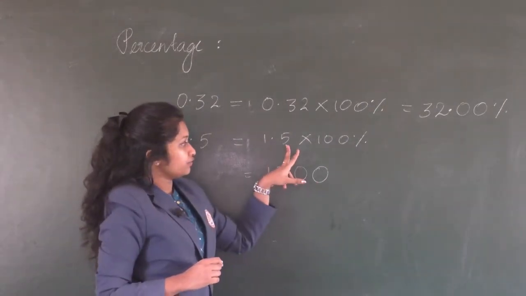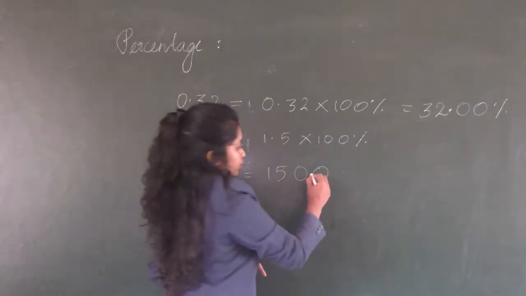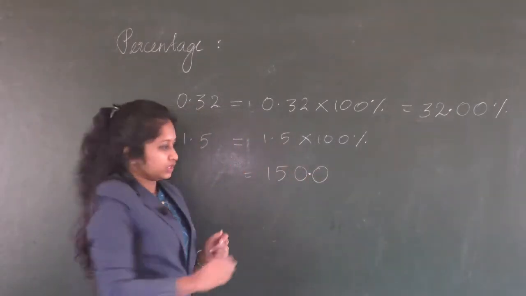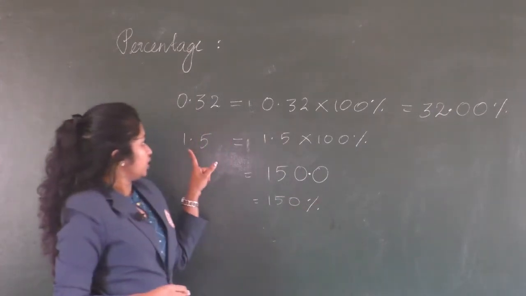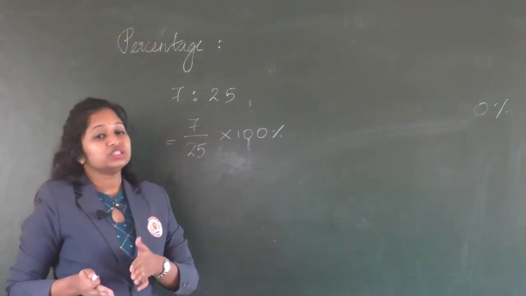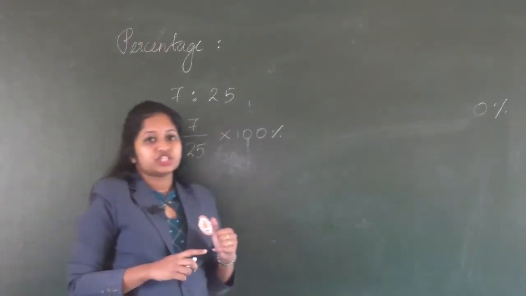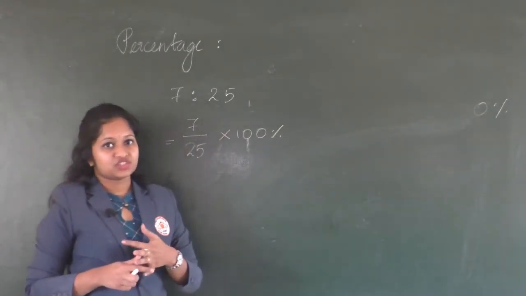Now see after how many digits the point is. After 1 digit. So put the point here. Now the answer is 150 percentage. So 1.5 is 150 percentage. So children, we learn to convert fractions and decimals to percentage.